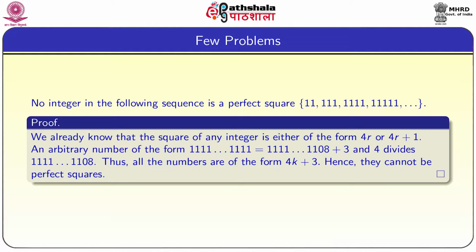Any arbitrary number of the form 111 and so on can be written as ones followed by the last two digits 08, plus 3. It is easy to see that 1111 and so on 08, whose last two digits are 08, is divisible by 4. So, the entire number will give remainder 3 when divided by 4. Thus, all the numbers are of the form 4k plus 3, hence they cannot be perfect squares.